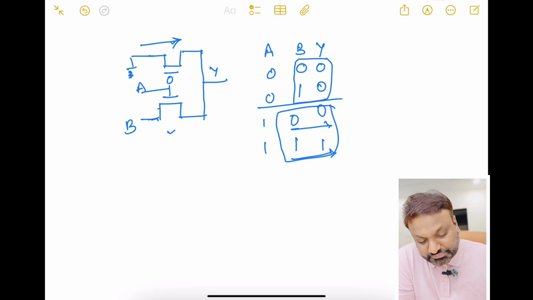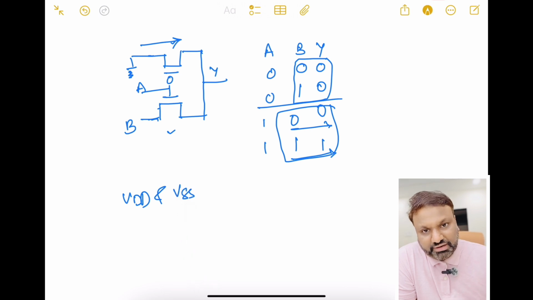So the difference between CMOS implementation and this implementation is that in CMOS we have separate VDD and VSS, that means ground, right?